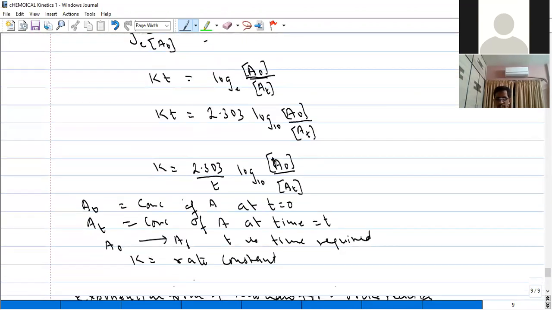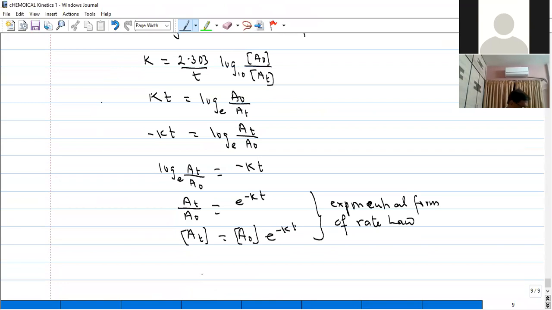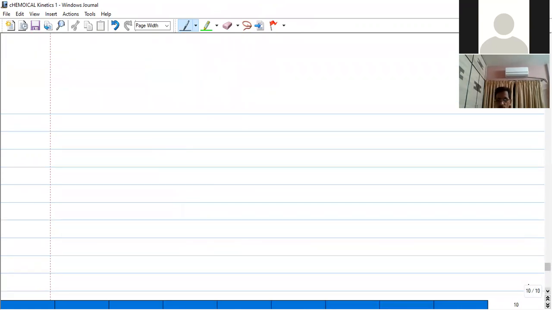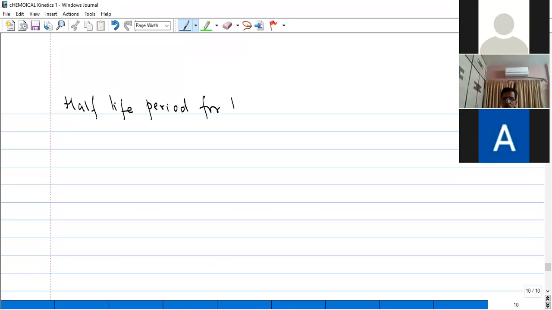Now we'll see further the half-life period for first order reaction.